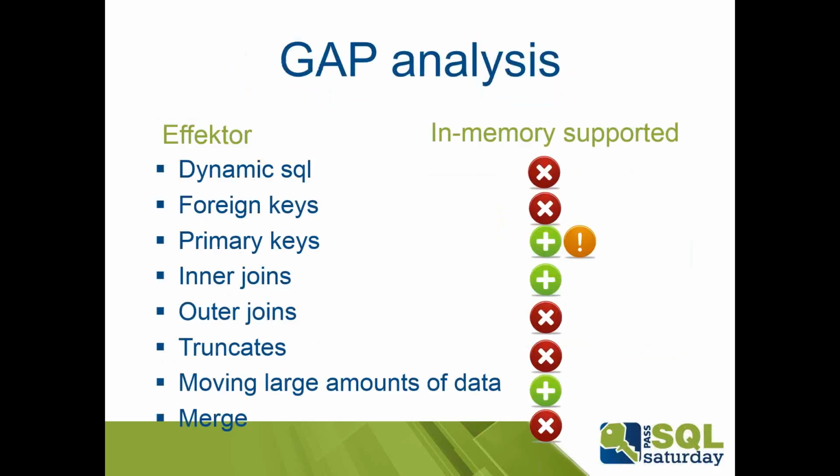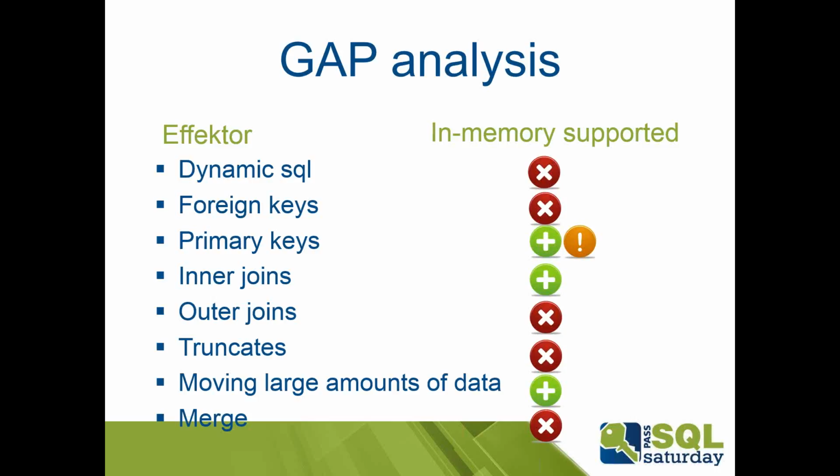So we started out doing a gap analysis, which is also what I will recommend at all times whenever you start doing anything that's memory optimized. Try and see if your application matches the limitations or the features, depending on how you look at it, of memory optimized tables.